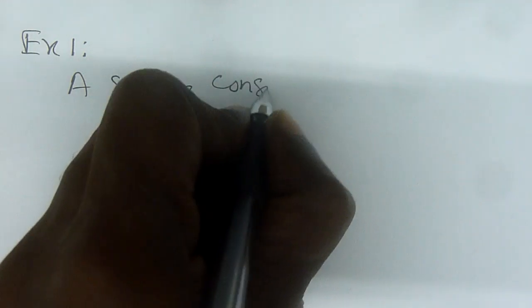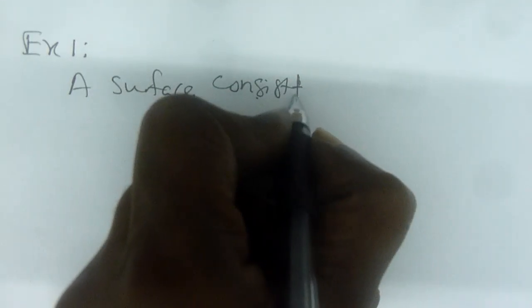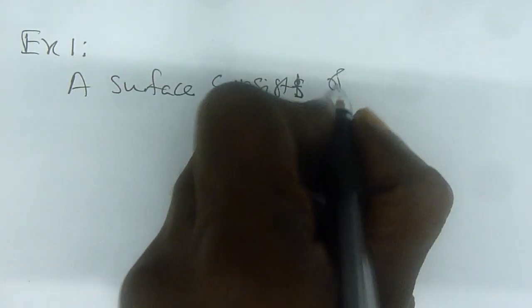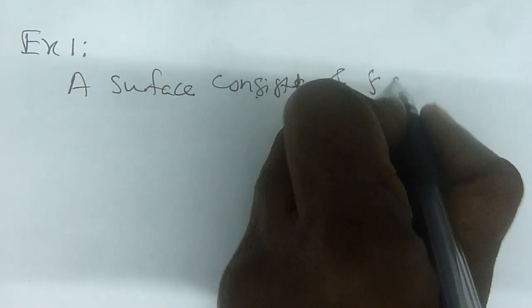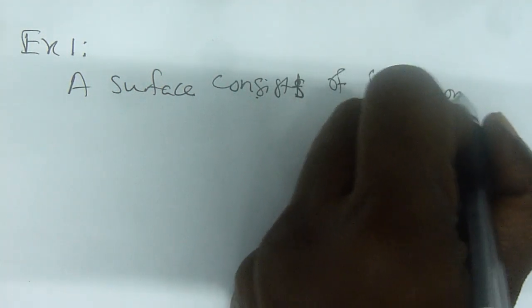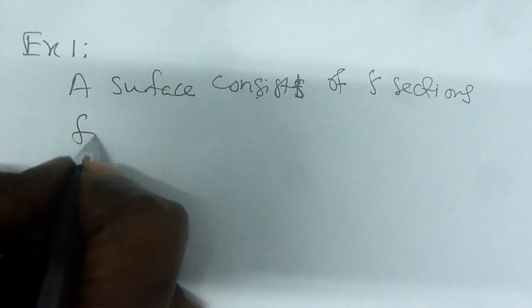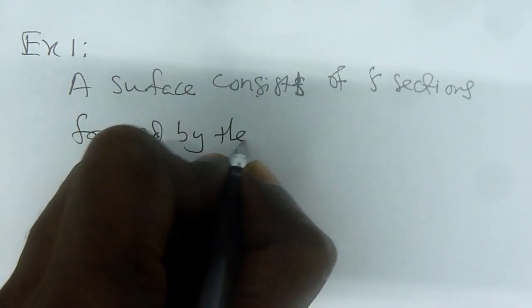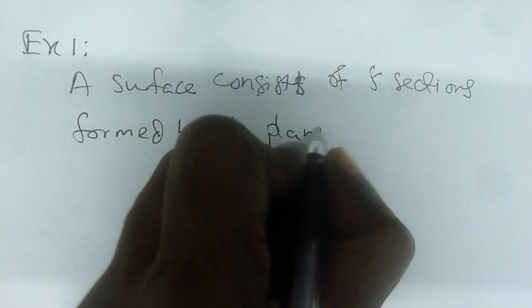A surface consists of 5 sections formed by the planes.